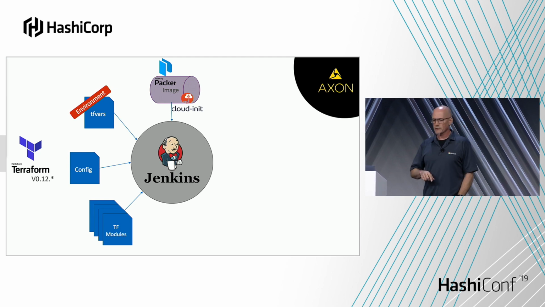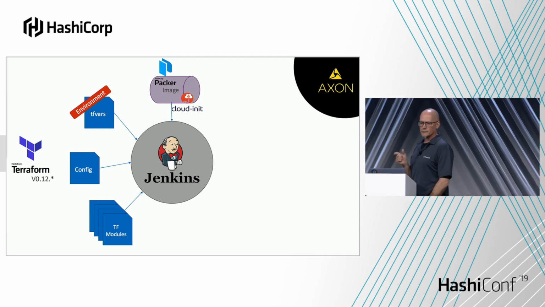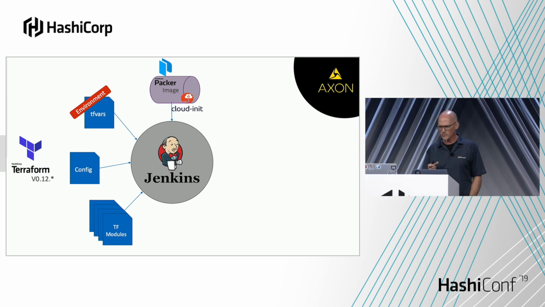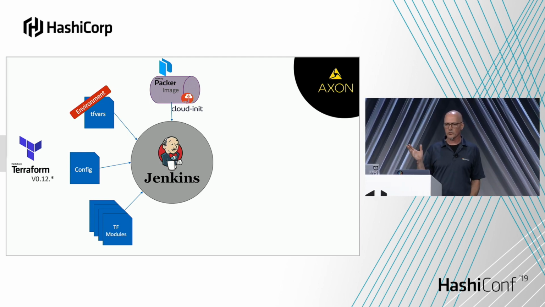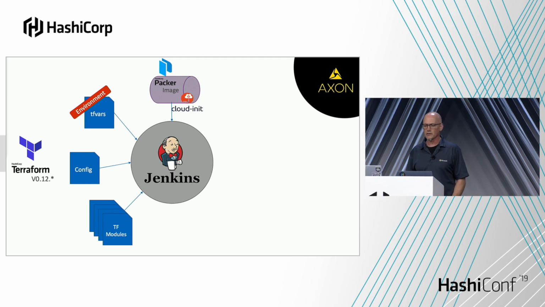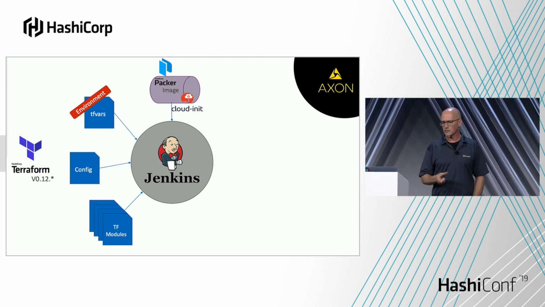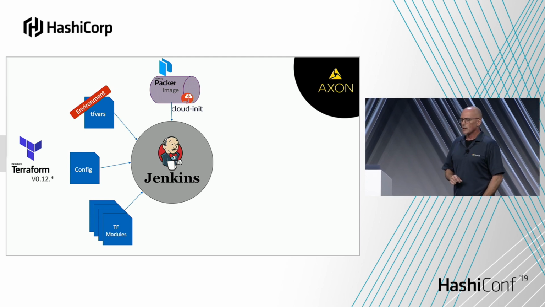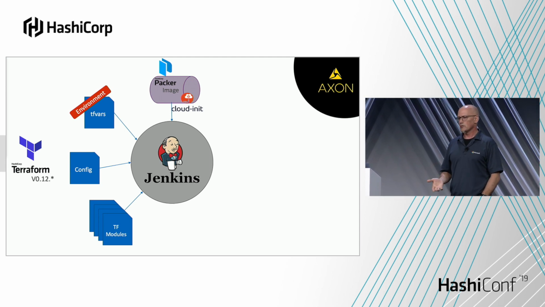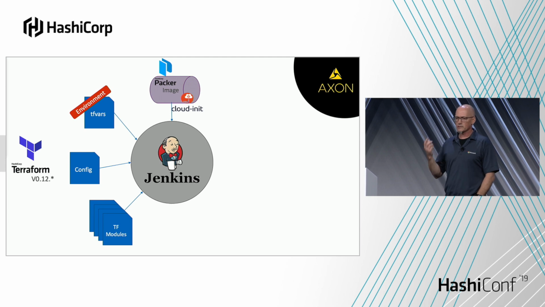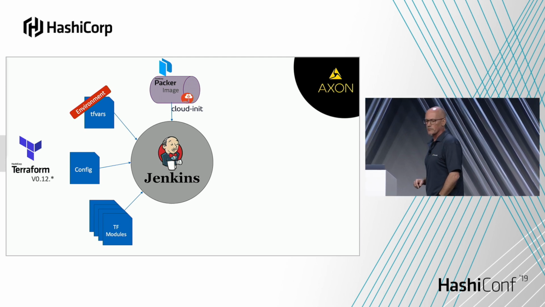They also take advantage of Packer. They build a small set of images, instead of building a different image and doing complex configurations on their machines, and those images are used in their VMs when they deploy them. Any configuration they need to do after the fact, they use Cloud Init, a simple configuration, to do that afterwards.